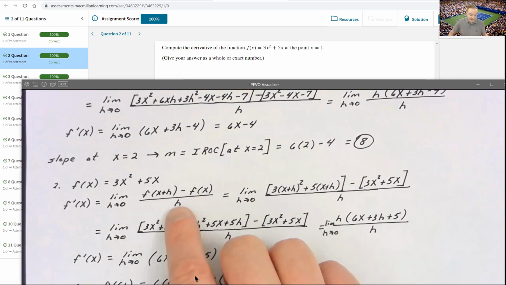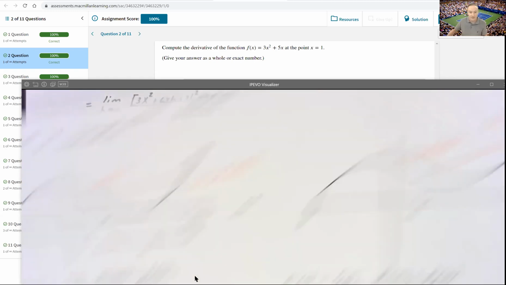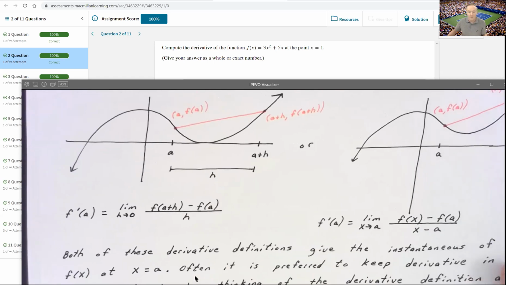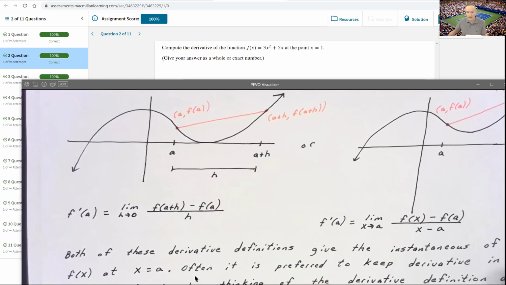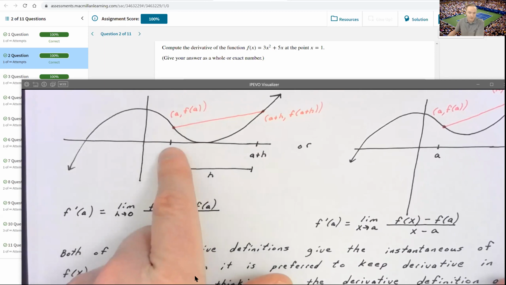You could have used any of our derivative formulas here. It doesn't matter which one, they all will give you the same answer. When I say any of the derivative formulas, I mean you could have used f prime of a is equal to the limit as h approaches 0 of f of a plus h minus f of a over h. In fact, that's the exact same formula as the one I'm using, except you would have your answer in terms of a, where a is the point of interest.